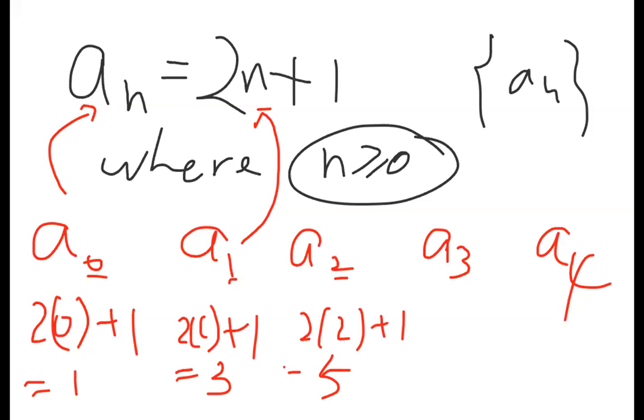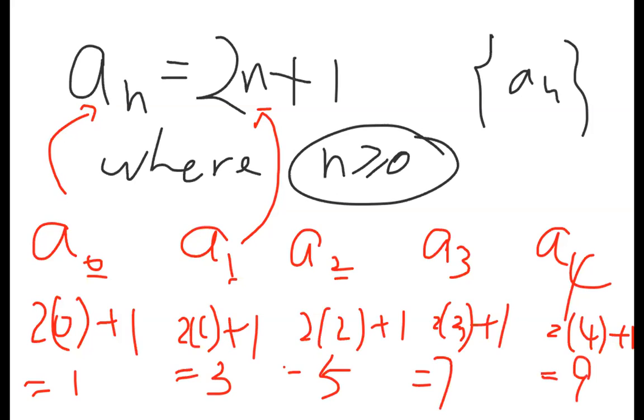For 3, 2 times 3 plus 1 becomes 7. And for 4, 2 times 4 plus 1 is 9. So the first 5 terms for this sequence are 1, 3, 5, 7, 9.